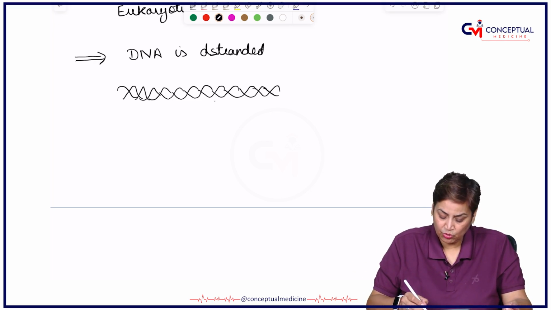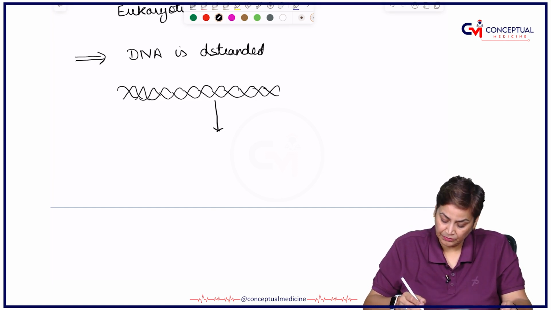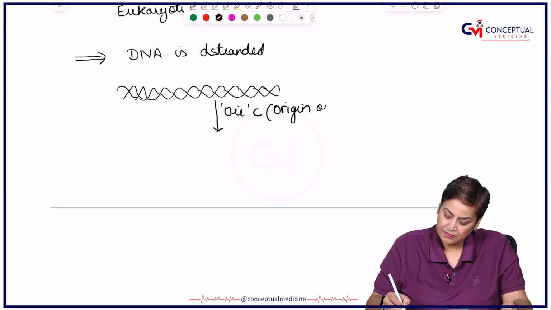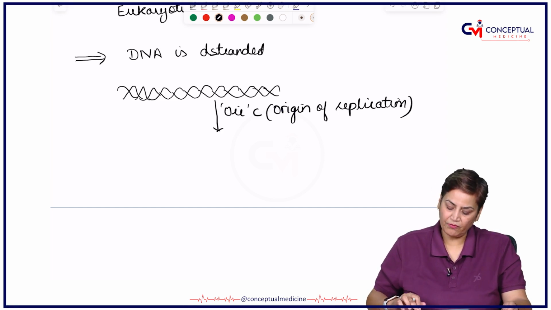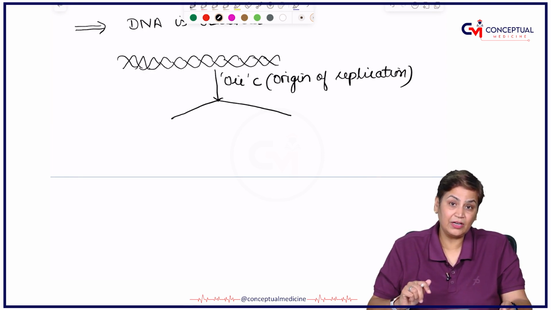So we have to select the origin of replication, which is known as ori, or the origin of replication. So obviously prokaryotes and eukaryotes will have different origins.